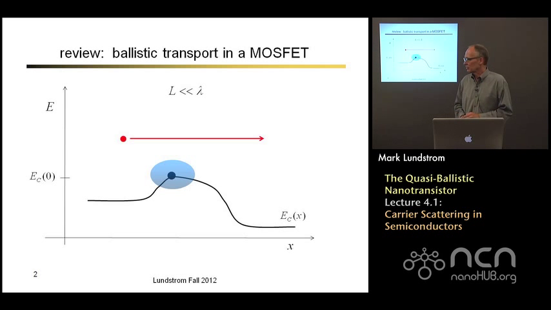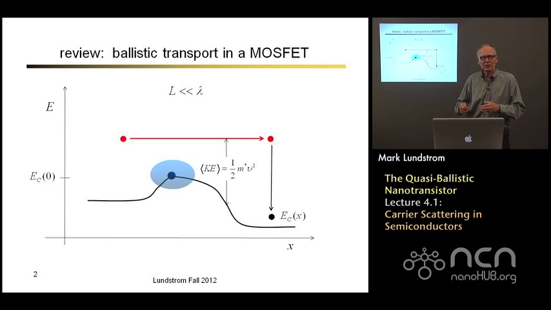They zip across the device, enter the drain, where they experience, well, first of all, they gain significant kinetic energy while they are accelerating across the device. Then they enter the drain with that kinetic energy. They encounter significant scattering, rapidly lose it, and thermalize into an equilibrium Fermi-Dirac distribution in the drain. So that's the picture we have of ballistic transport in a MOSFET.